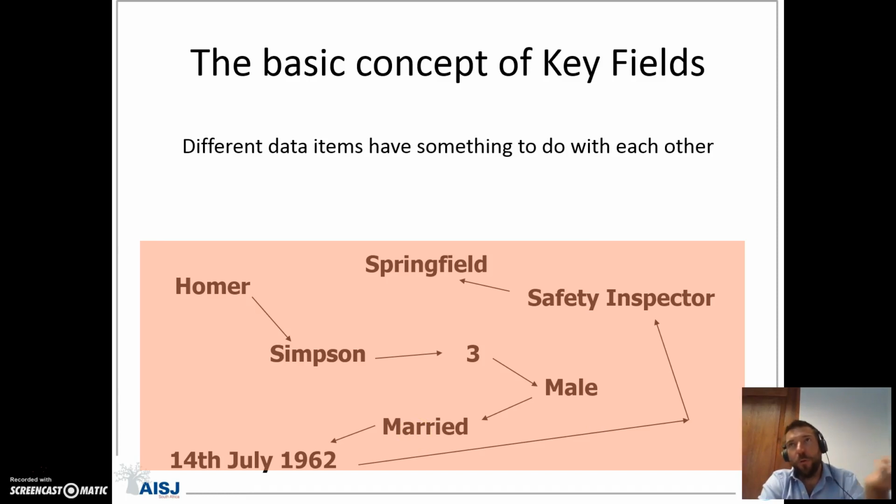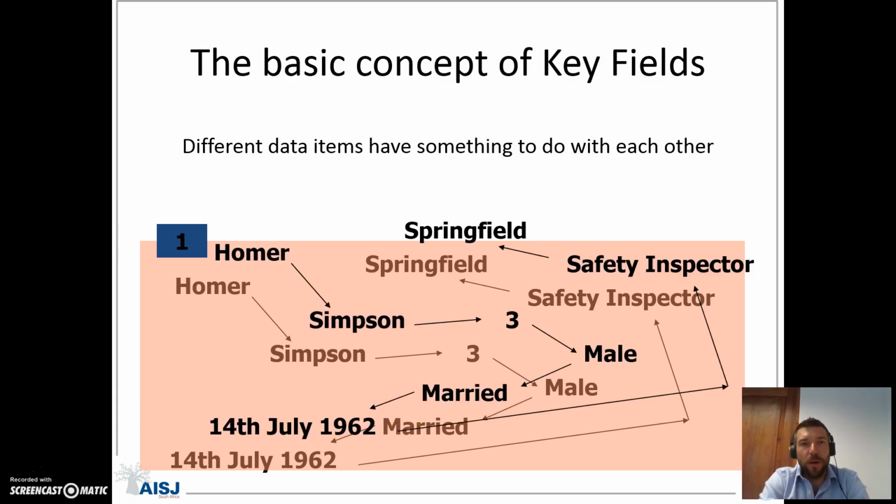In that case, those are all pieces of data about a Mr. Homer Simpson. Now, if there are 2 Homer Simpsons who are all married or all have 3 kids, who are all males, who are all safety officers in Springfield, we need to differentiate them somehow. The chances of that happening are slim, but the fact is it could happen.